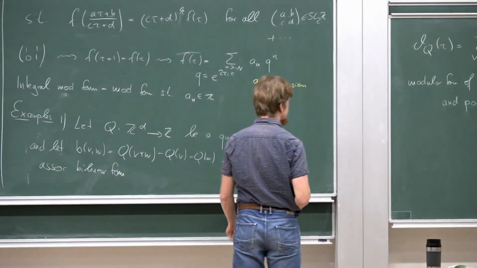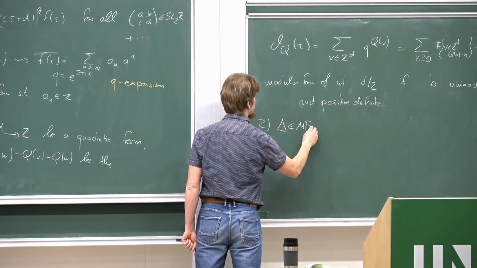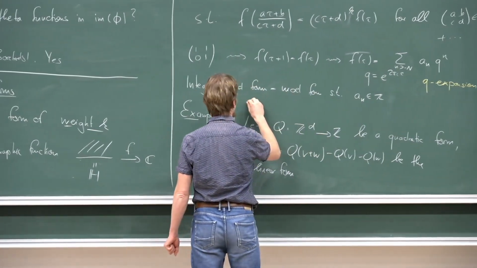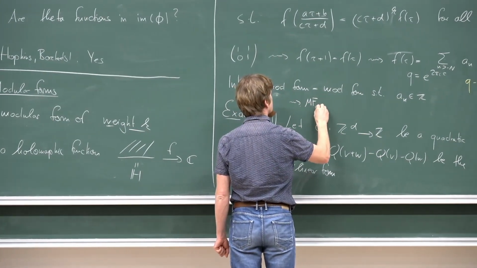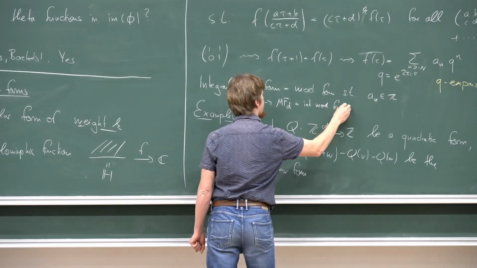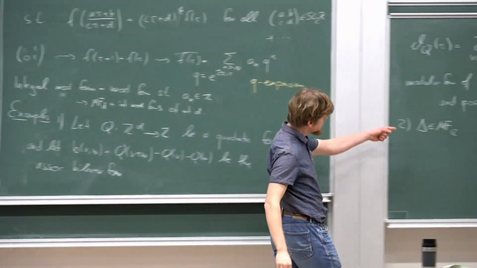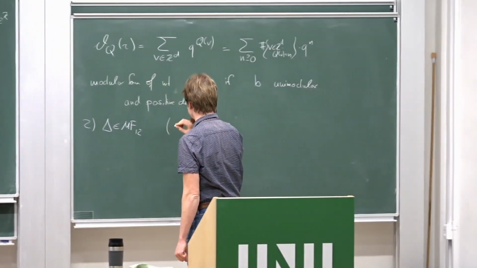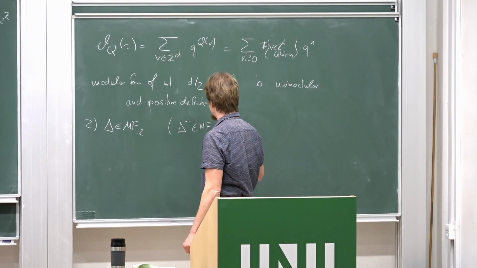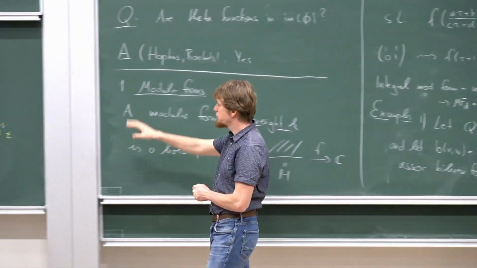Okay, so that's one example, and I also want to mention again this second example. Oh, I didn't introduce this notation. Integral modular forms: I use this notation MF_d for integral modular forms of weight d. And then I have Δ of weight 12, and one important thing is that I also have Δ inverse, a modular form of weight minus 12. So this introduces the modular forms I already mentioned.